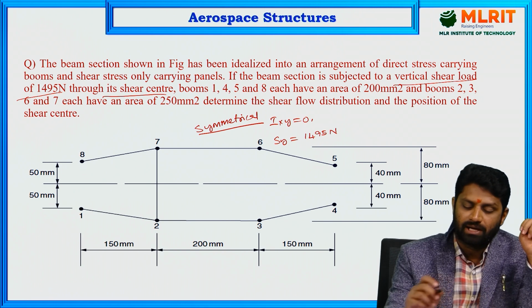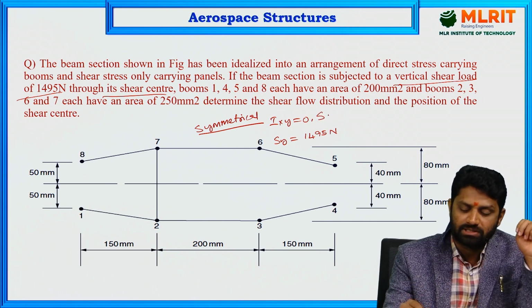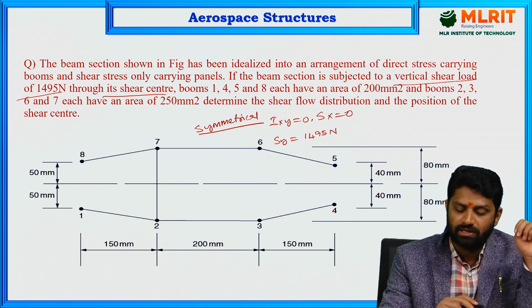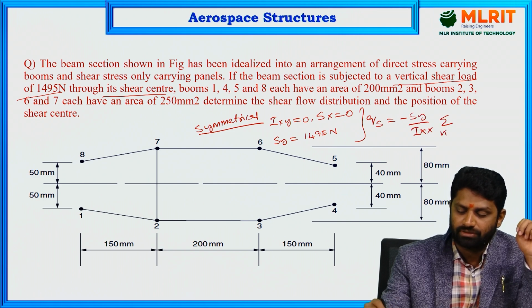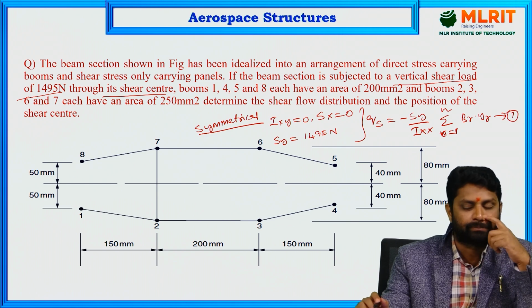Since the horizontal load is not given, you can substitute Sx equal to 0, and the formula for shear flow distribution, since it is an open section, reduces to minus Sy by Ixx summation r equal to 1 to n of Br Yr. You can consider this as equation number 1.